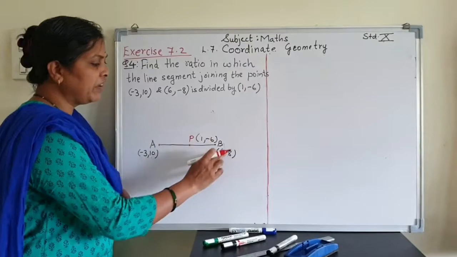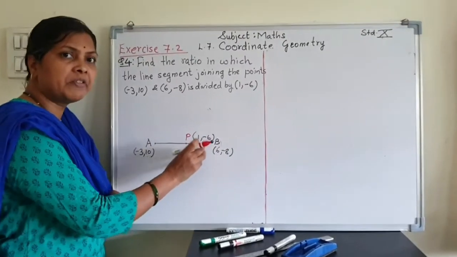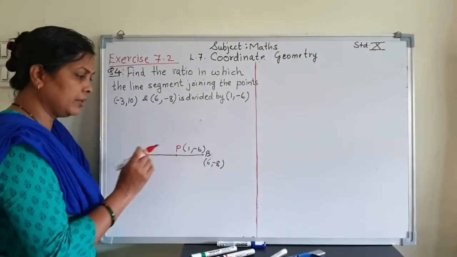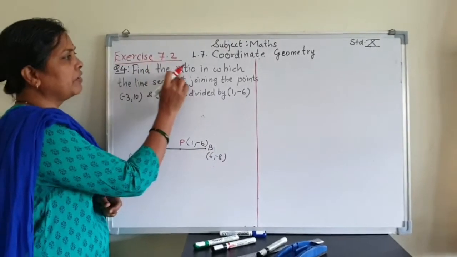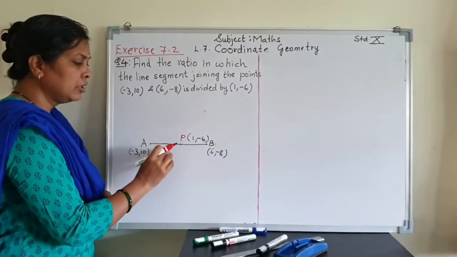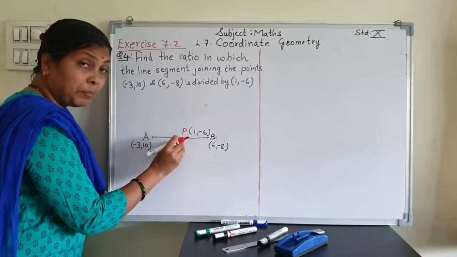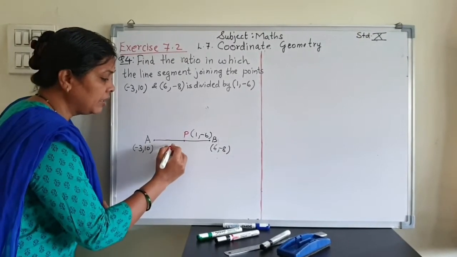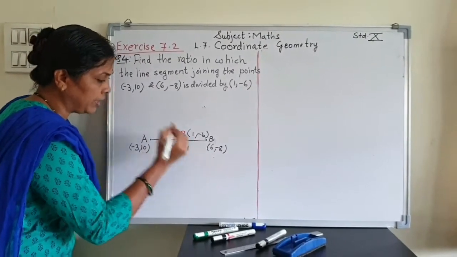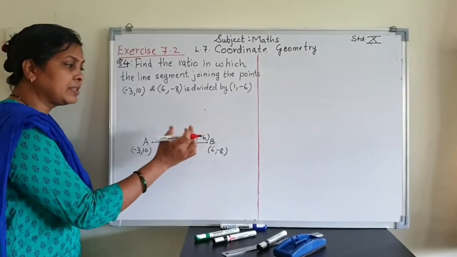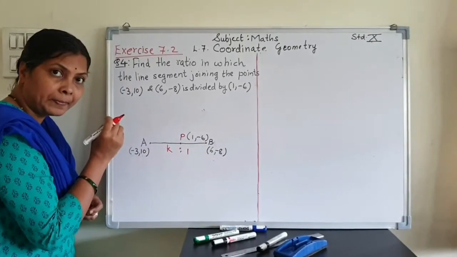So this is how we have represented what all things are given to us on this line. Now they have not given us the ratio. We have to find this. So the ratio by which P divides AB, let it be K is to 1. It means AP is K and PB is 1.